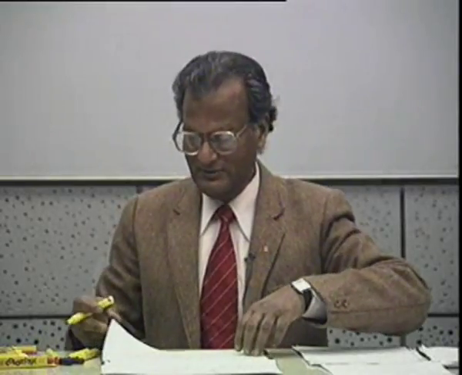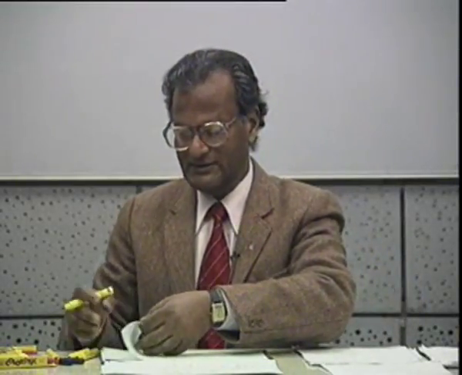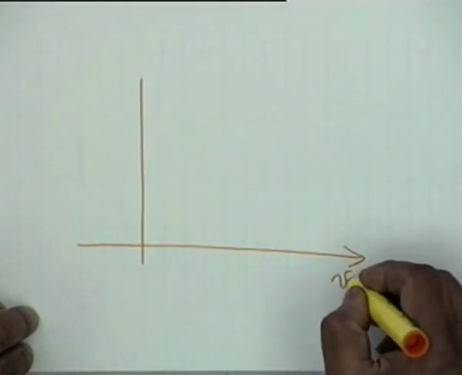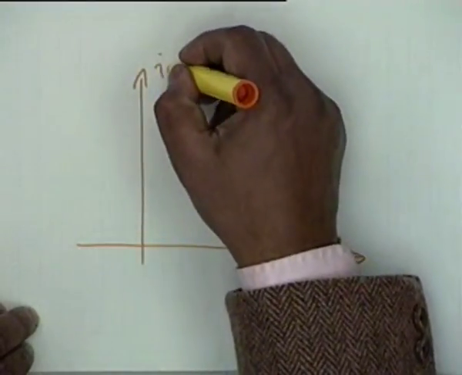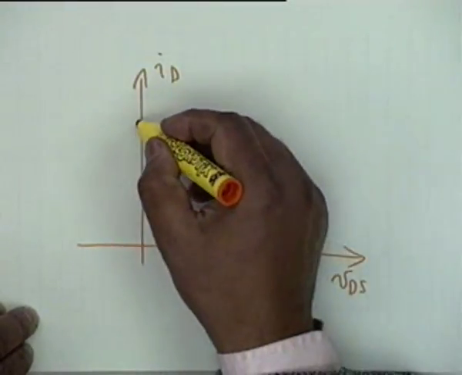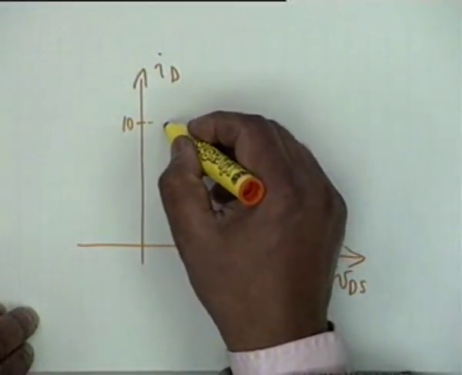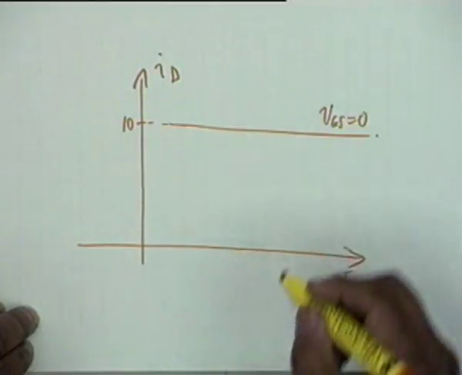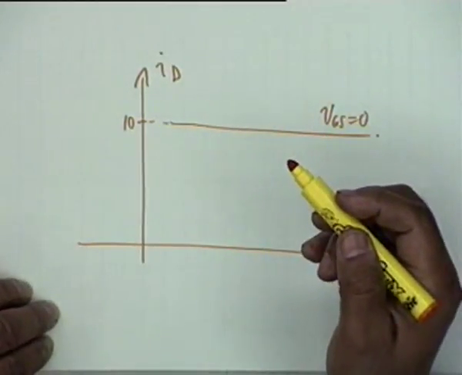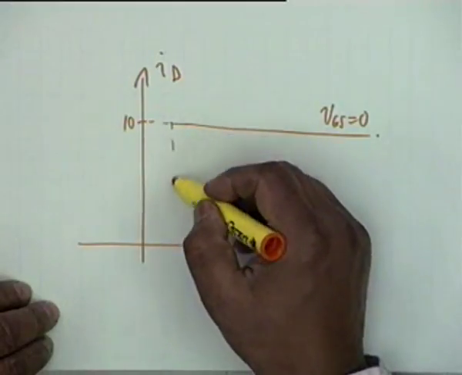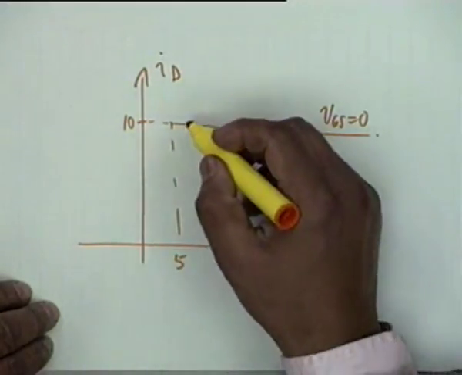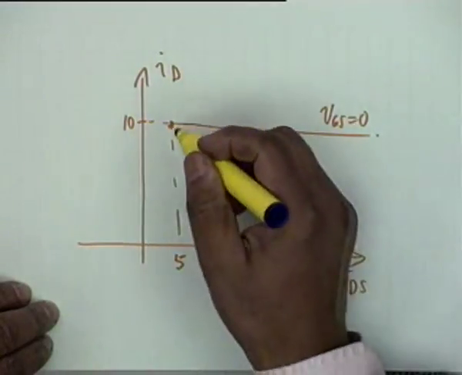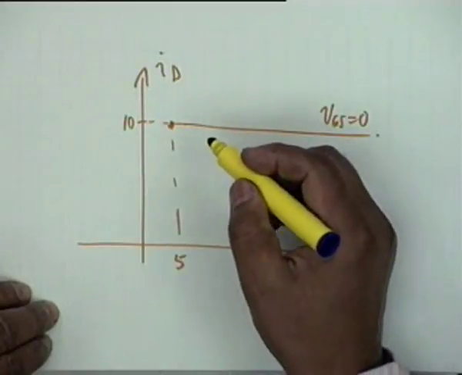Okay. So then we can draw a set of characteristics, VDS versus I sub D. This is 10 milliampere, so this is VGS equal to 0 volt, and the saturation would now be at plus 5. For the others we can find out the saturation point.